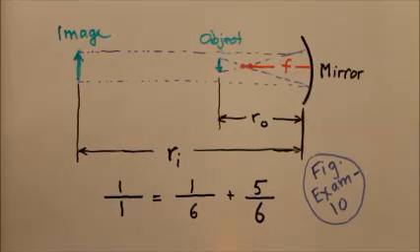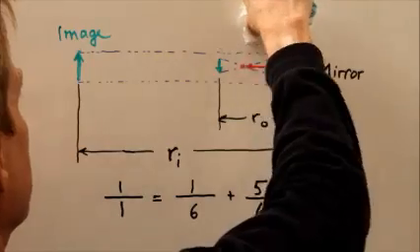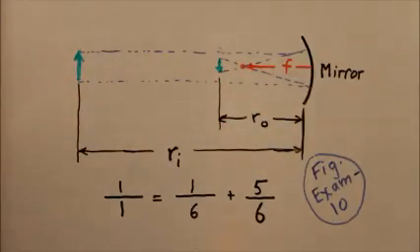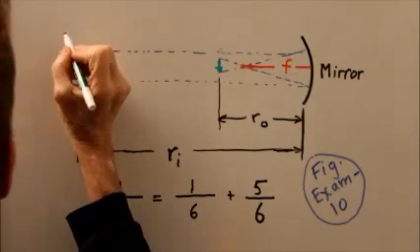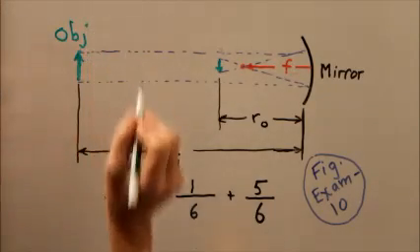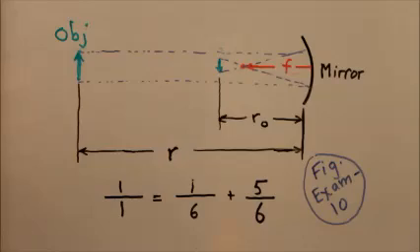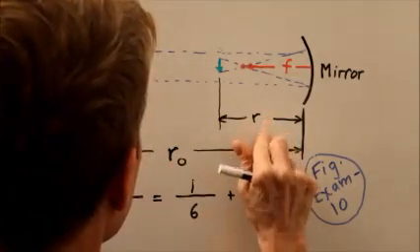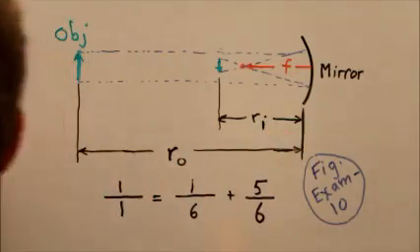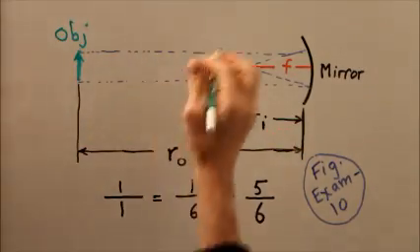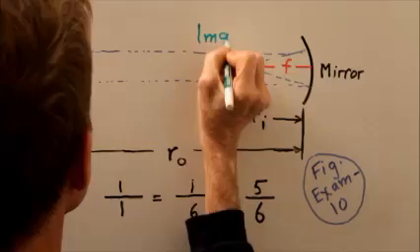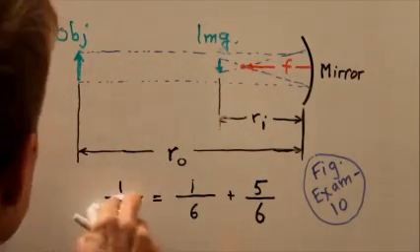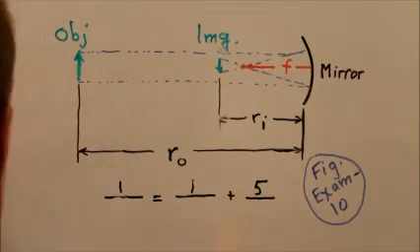Well, the question says, what happens now if we move this object out here, making this r sub o, and here's the image r sub i. What happens if we move this object so that it's 12 times the focal length?